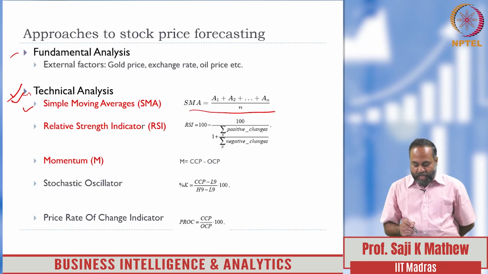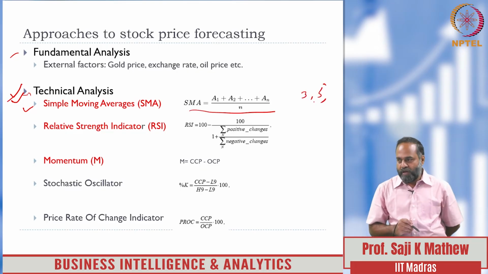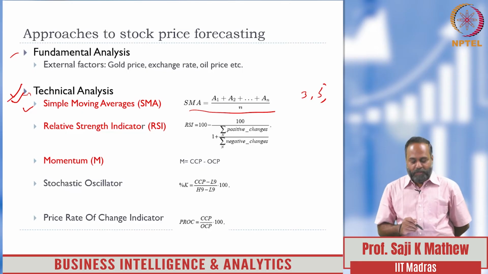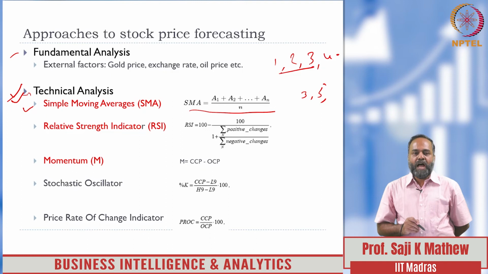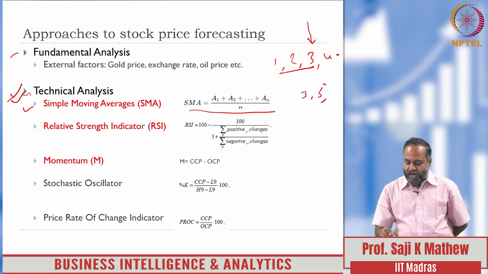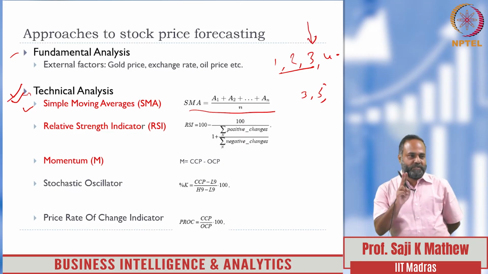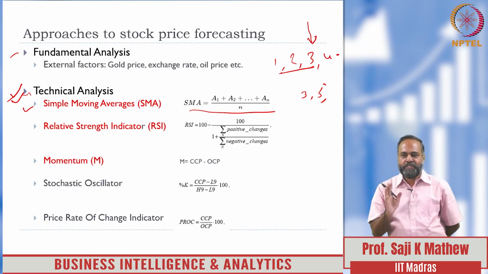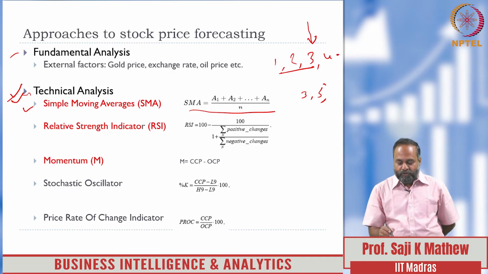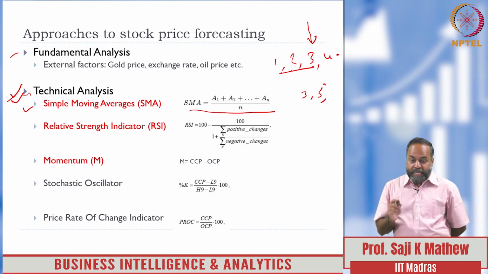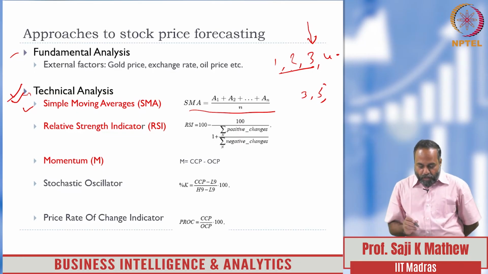Typically an odd number is used as the denominator. If you use an odd number, say 3, with data points 1, 2, 3 and 4, the moving average calculation will start from the third point, meaning you lose 2 points of information. The starting information will be lost. You can substitute it, but if you just go by the moving average calculation, there is a loss of data in the initial period. You are familiar with it.